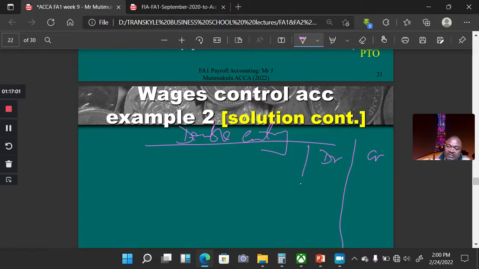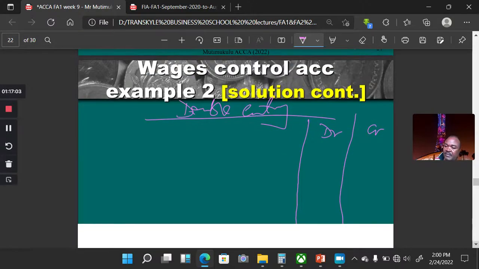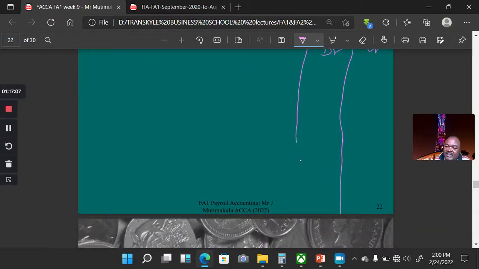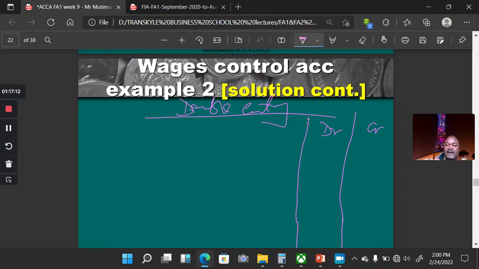We just have to do a double entry en masse for all the transactions. So let us start with the gross pay. What happens to the gross pay?